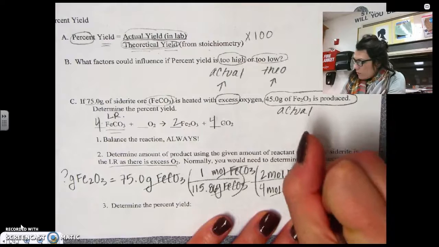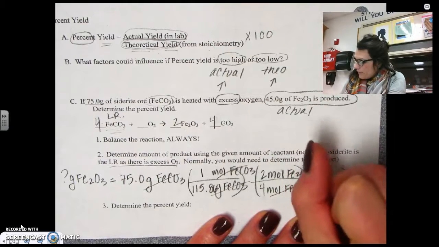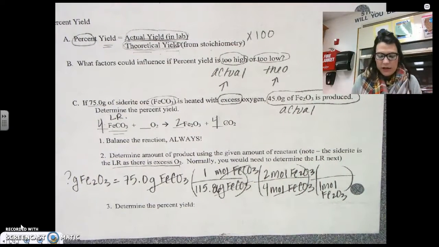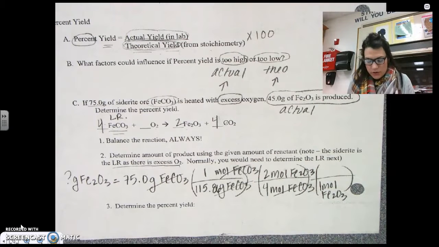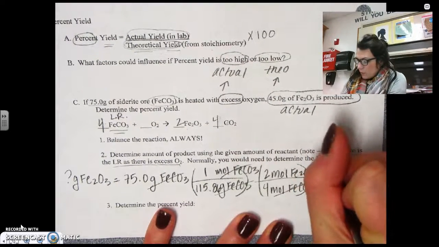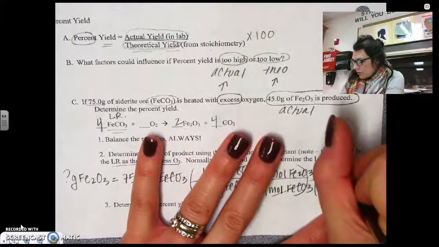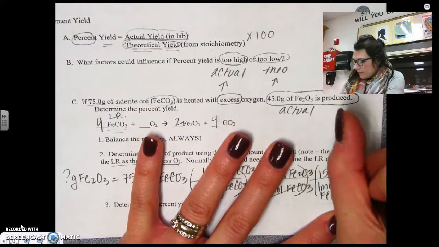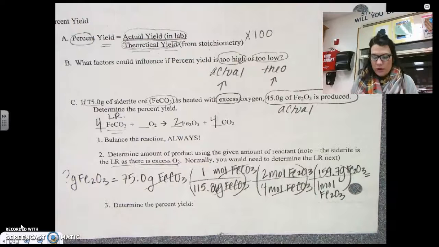So for every 1 mole of Fe2O3, I need to figure out how much that weighs. So again, iron is 55.85 times 2 plus 16 times 3, and I get 159.7 grams of Fe2O3. Okay, so now I can do this math.